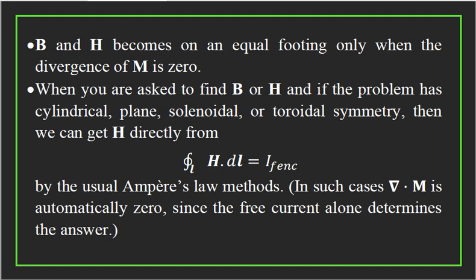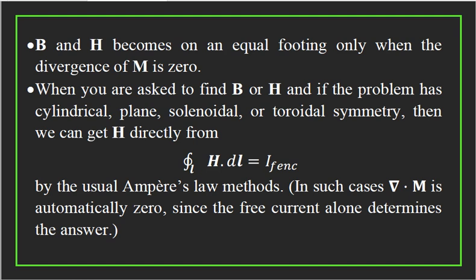This is important, because if you are asked in a problem to find B or H, and if the problem has a symmetry, we have discussed the cylindrical, plane, solenoidal and toroidal symmetry in Ampere's law. So if the problem has any one of these symmetries, then we can get the auxiliary field H directly from the integral form of Ampere's law in magnetic materials, that is by using closed line integral H dot dl equal to If enclosed.